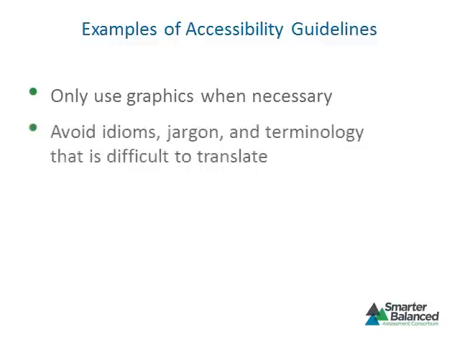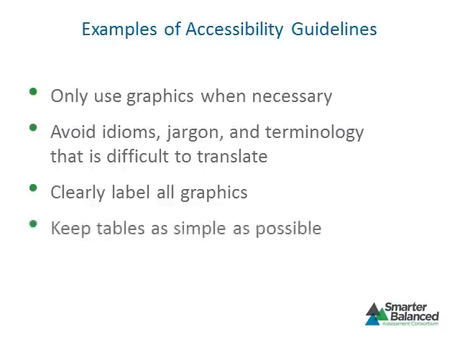Idioms, jargon, and other terminology that cannot be easily translated into other languages should be avoided. All graphics should be clearly labeled and text-based descriptions should be created that describe the contents of the graphic for students without vision. And tables should be designed to be as simple as possible given their use in the item. By adhering to the General Accessibility Guidelines, accessibility extensions will be of better quality.